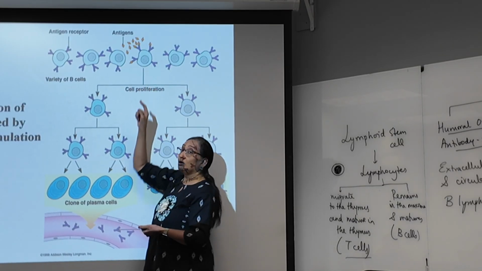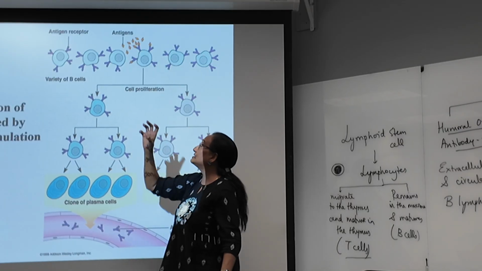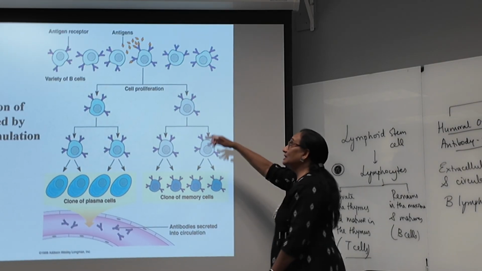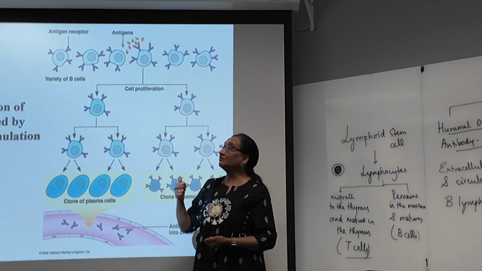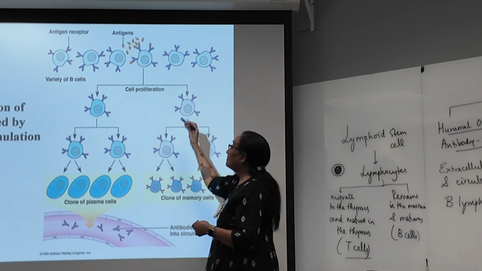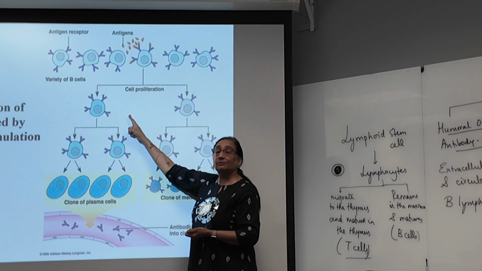This is called clonal selection. A particular clone of B cells is selected by the antigen and then it multiplies. So it is clonal selection and proliferation. Proliferation means increase in numbers, multiplication.